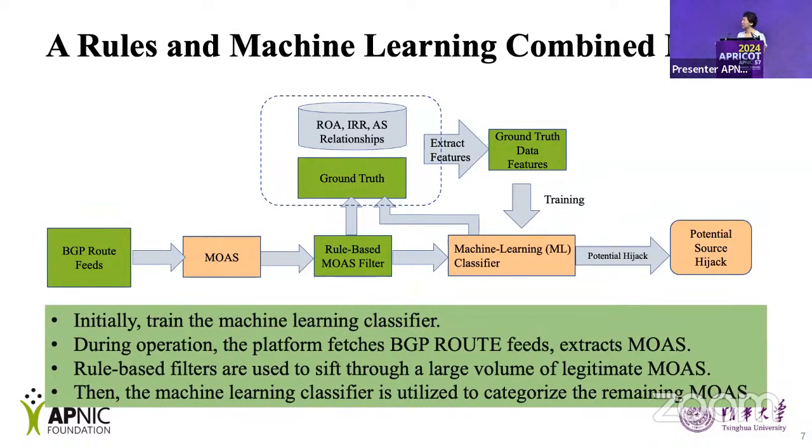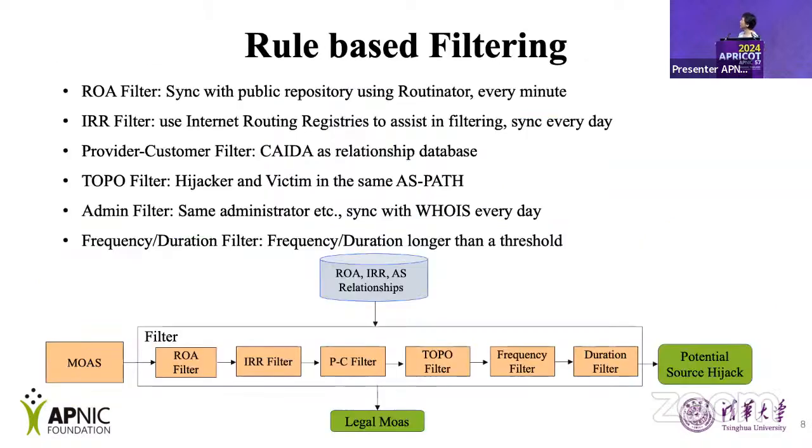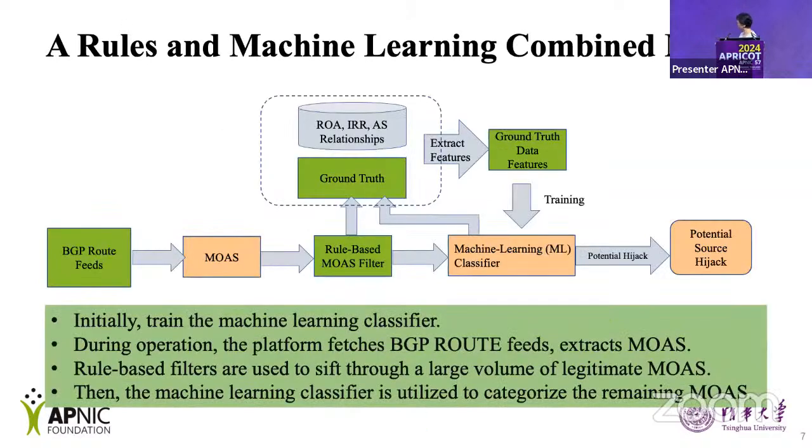To solve this problem, we proposed a method combining rules and machine learning. Initially, the machine learning classifier was trained using the knowledge from ROA, AS relationships, and ground truth data. After extracting these features and training, we get the machine learning classifier.